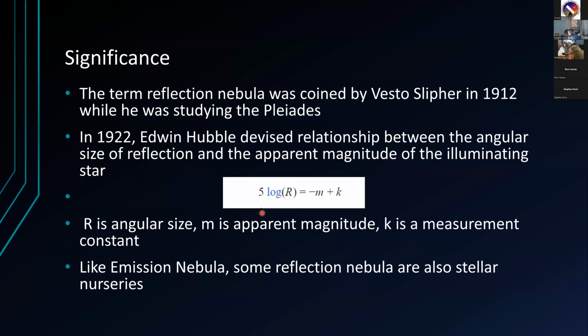I thought that was an interesting relationship, and also a very simple one, where you just have the apparent magnitude, the radius of the nebula, the apparent magnitude of the parent star, and a measurement constant, which we won't get into. It's sciencey. But I thought that was really cool, seeing Edwin Hubble show up again here when I wasn't expecting him to.